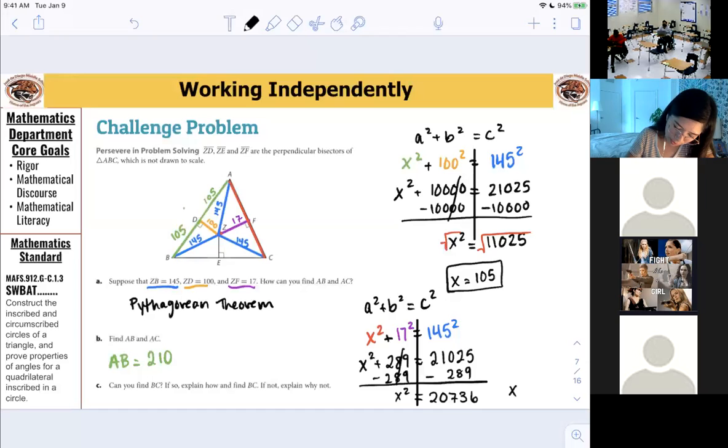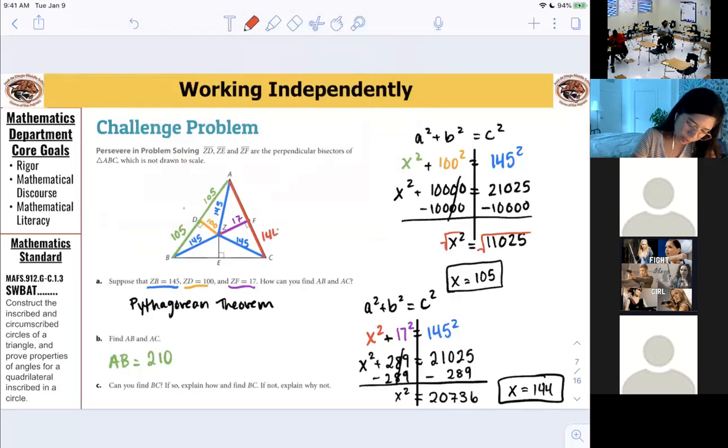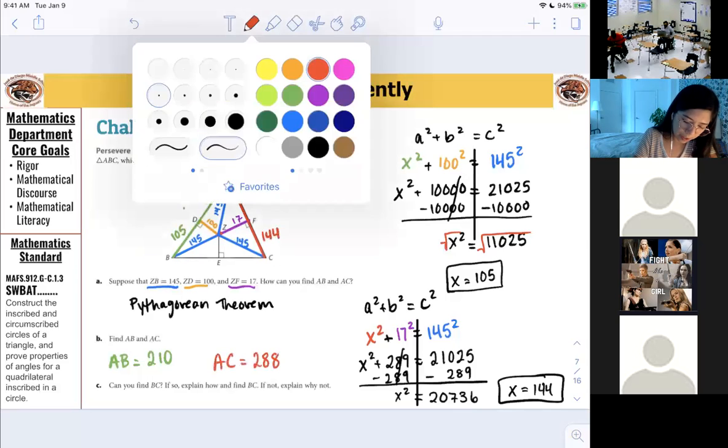Nice job. So x equals 144. So I know that line segment FC is 144, so what's line segment AF? AF is also 144. So the whole thing, AC, is 288. Nice job, guys.